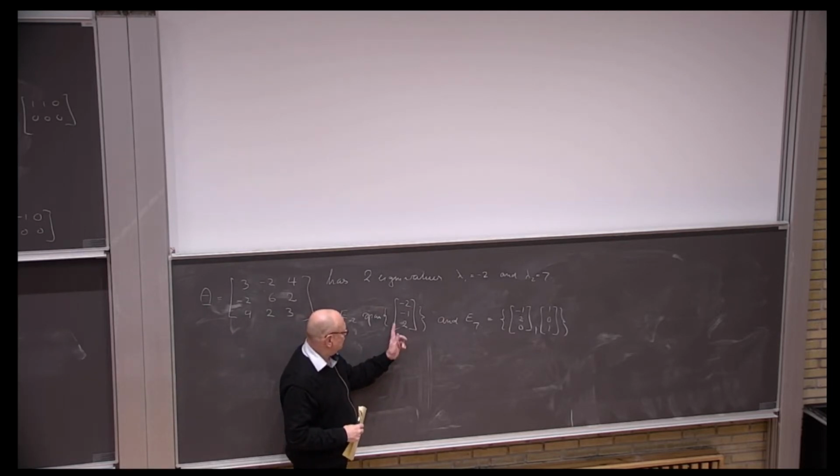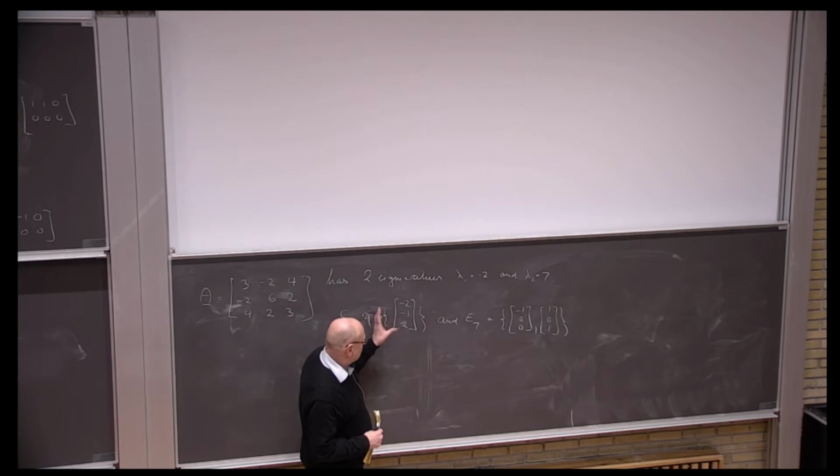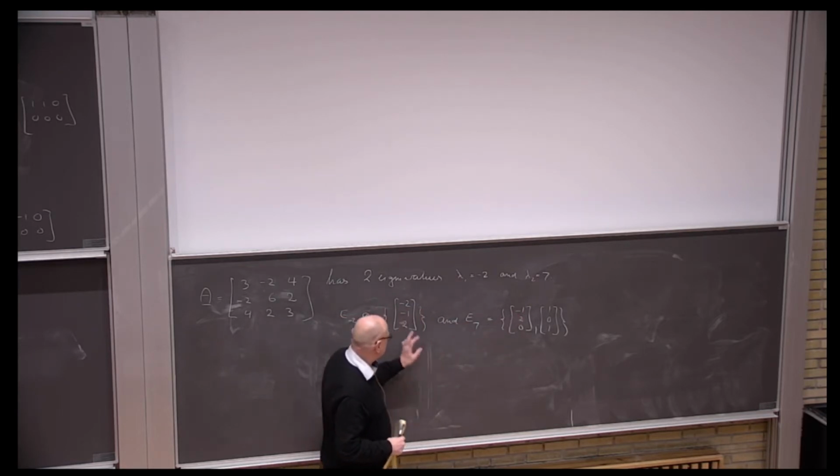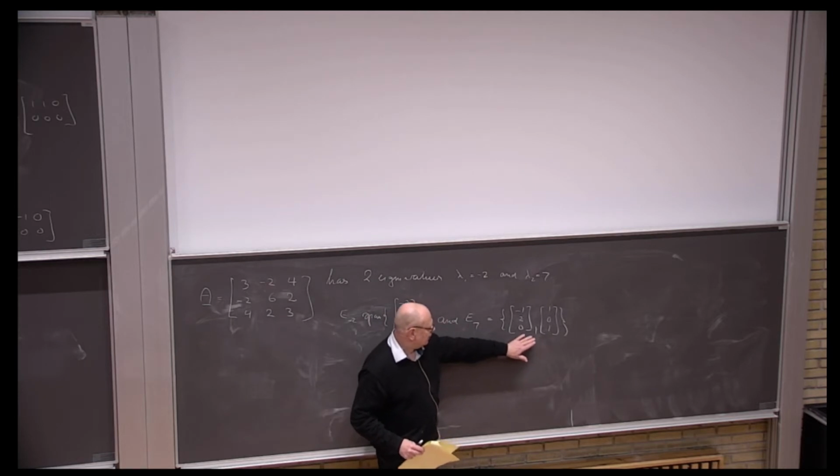You see here, this vector is orthogonal to this eigenspace. If you multiply it out, you get plus 2, minus 2, 0. Okay? And in that one, you get minus 2, plus 2. So it's orthogonal.